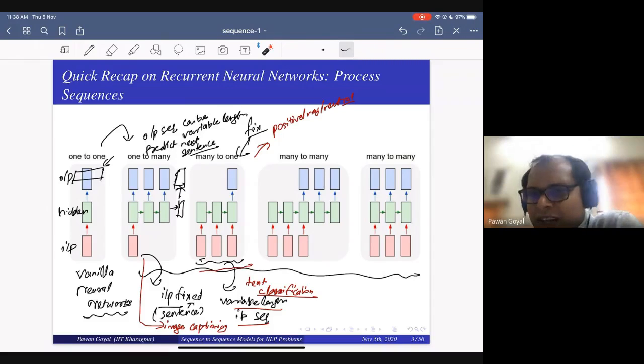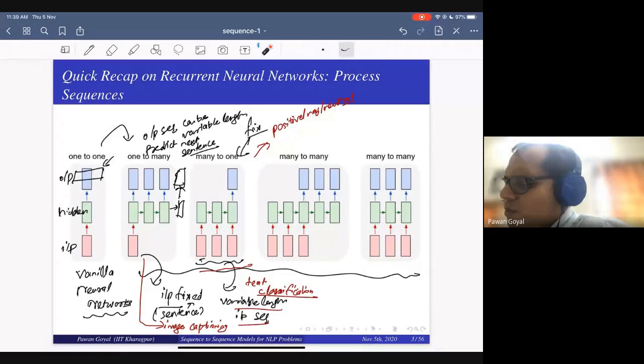So can someone tell me one particular example for many-to-many? Speech to text classification, yes. And if you think in terms of NLP, that would be something like NER, named entity recognition.